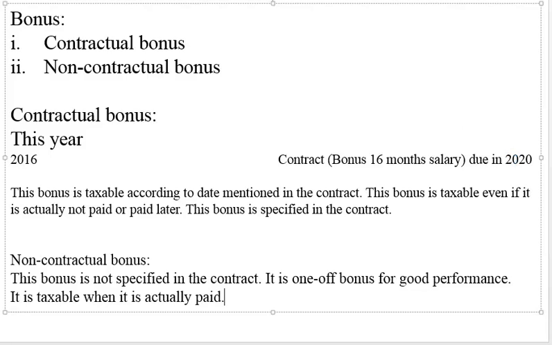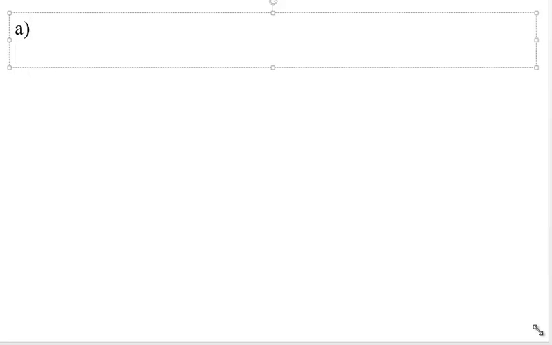So can anybody tell me when it will be taxable in both cases? The first one, part A. Part A says, first of all, paid on 28th Feb, 2010.